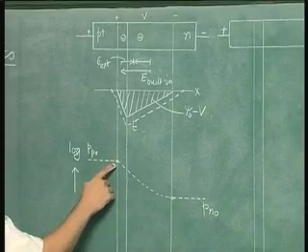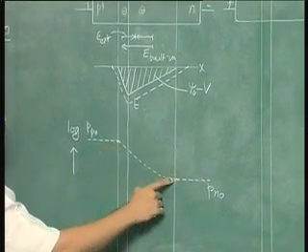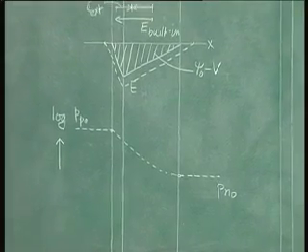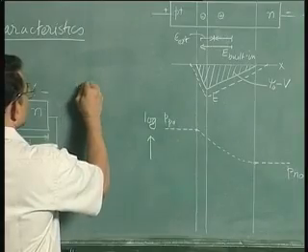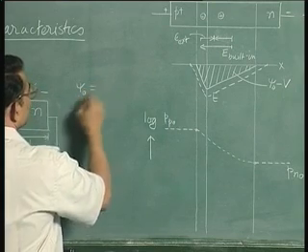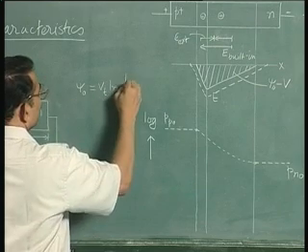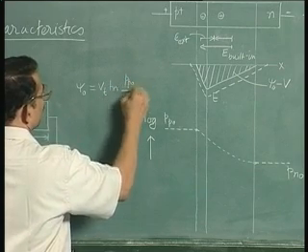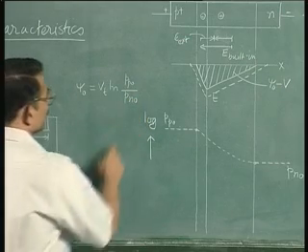Now here notice that the concentrations at these two edges of the depletion layer were related to the potential drop between these two points by the Boltzmann relation. Which said that the potential drop between the edges of the depletion layer, which is psi naught, is equal to Vt into ln of Pp0, the hole concentration on the P side, by Pn0, that is the hole concentration on the N side.